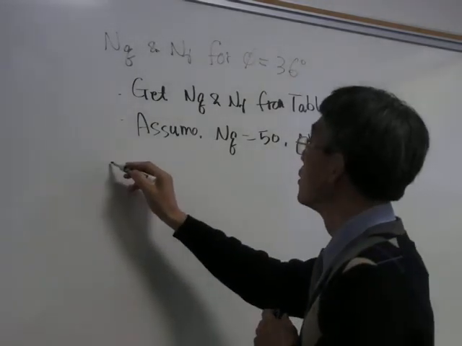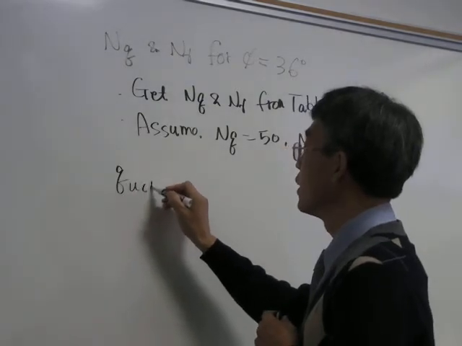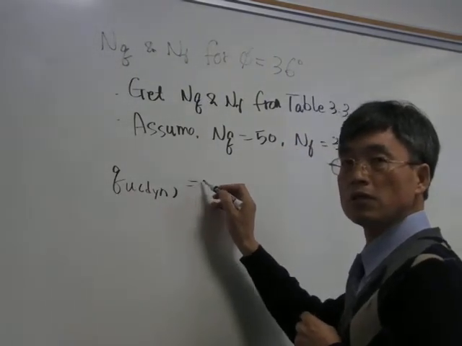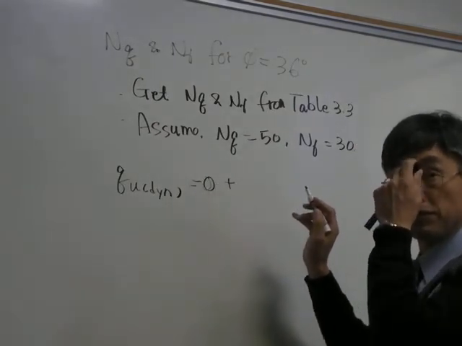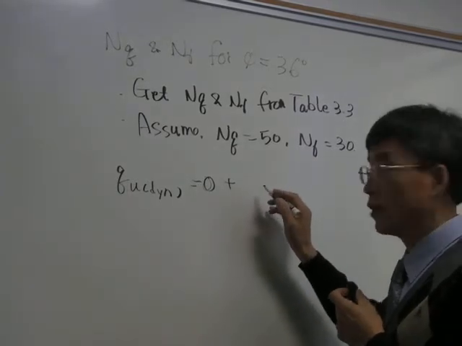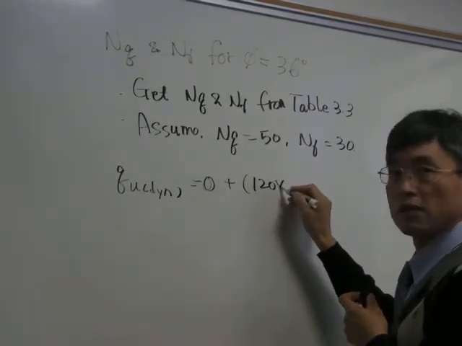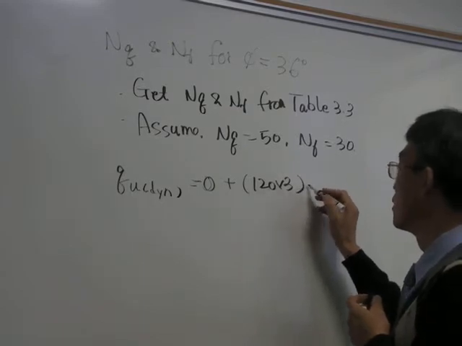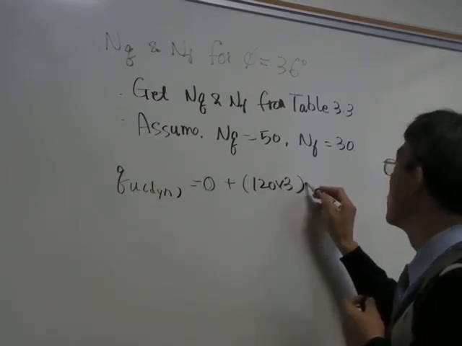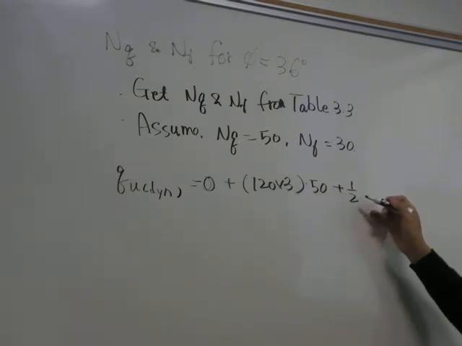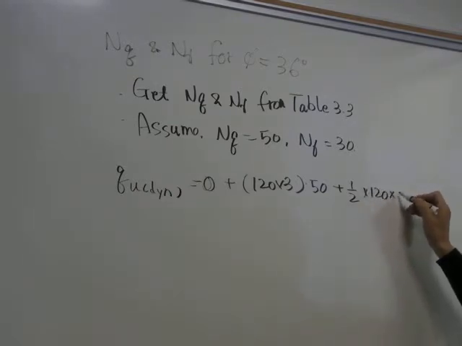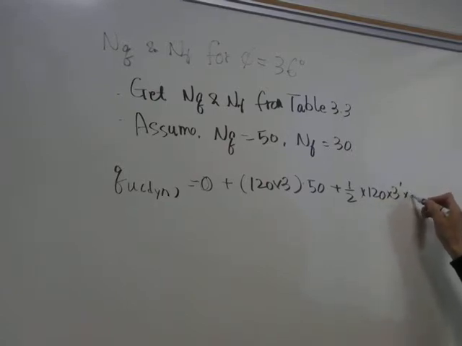Then q sub u dynamic should be 0 plus q, which is gamma times D. q is 120 times 3 times N sub q, which was 50, plus 1/2 times 120 times B, the width, which was 3 feet, times N sub gamma, 30.